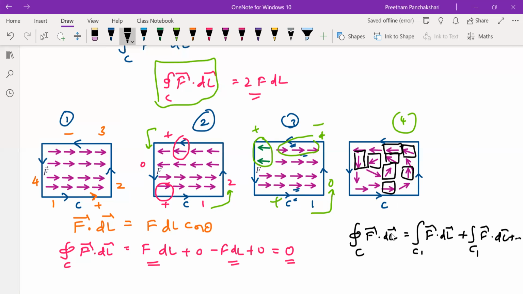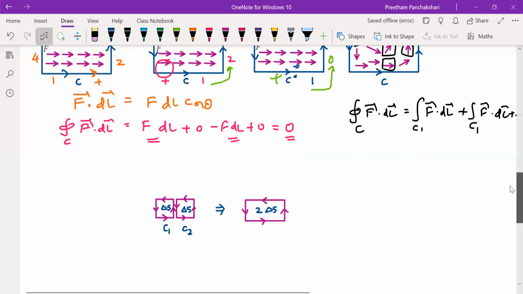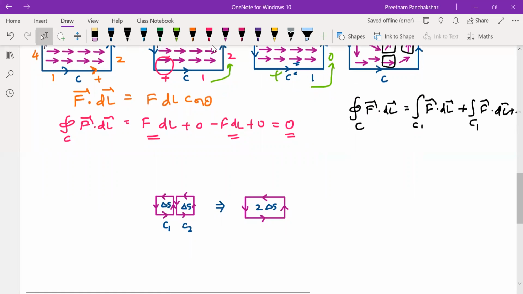So the total circulation can be taken as the sum of all the circulations of this. So for more information on this concept, let me take one more situation.